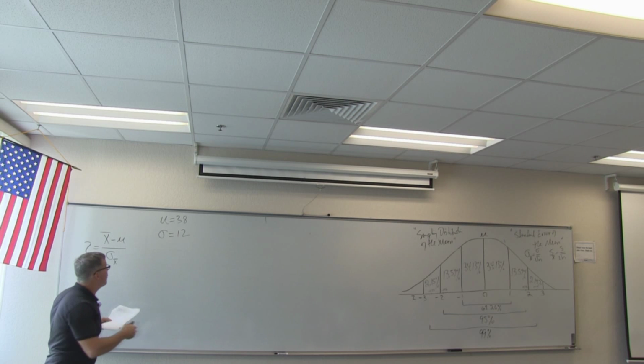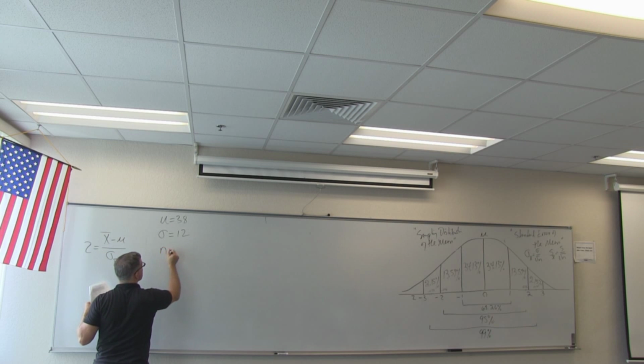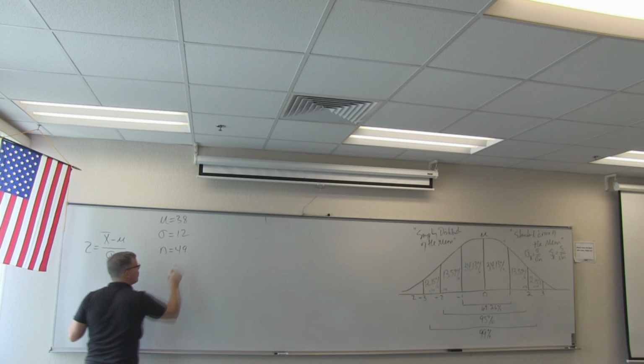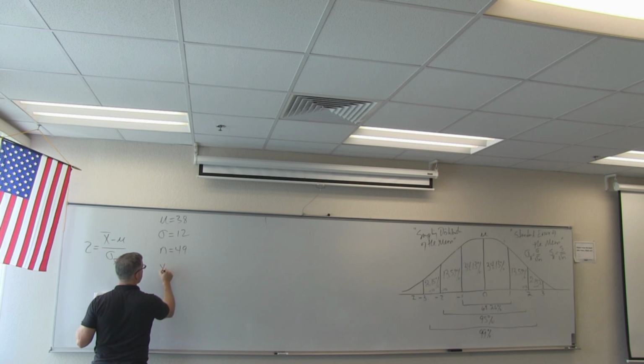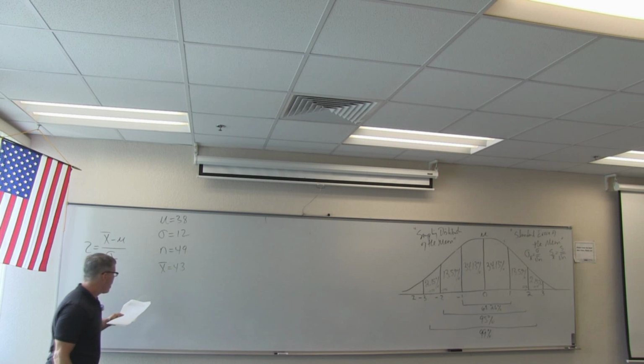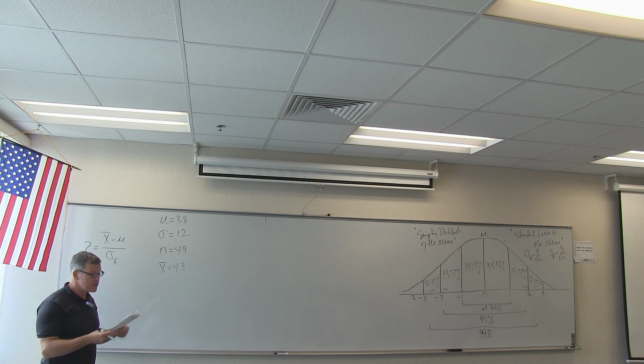A random sample of 49 individuals from Port St. Lucie, Florida was administered the Stanford happiness scale, and their mean was 43. Are the subjects who live in Port St. Lucie significantly happier and more fulfilled than the national average?